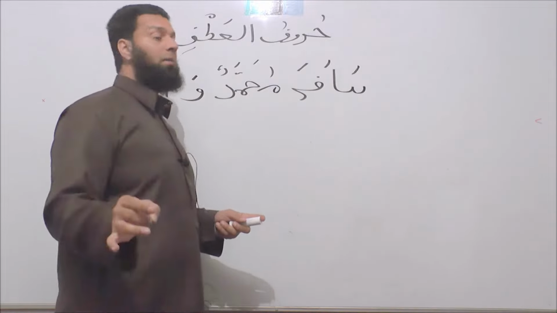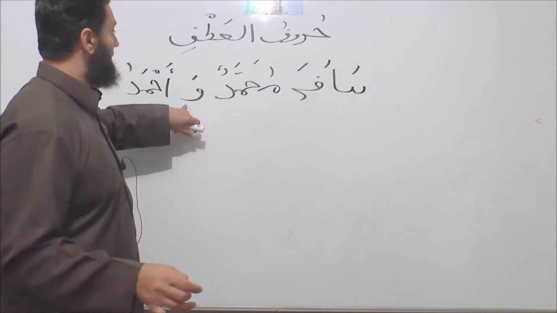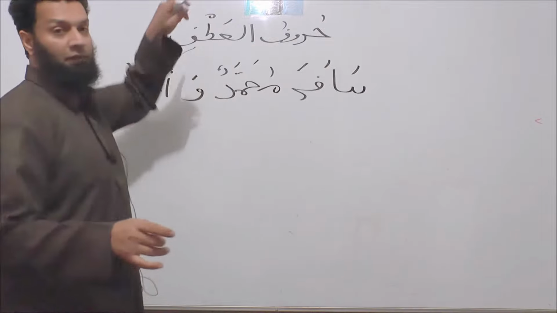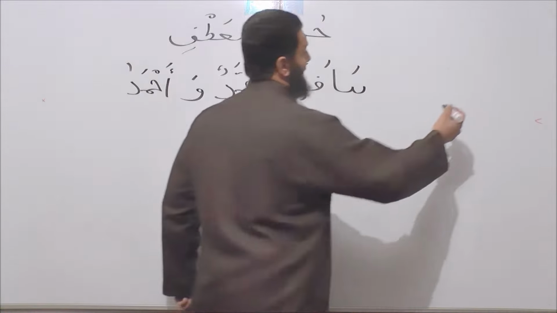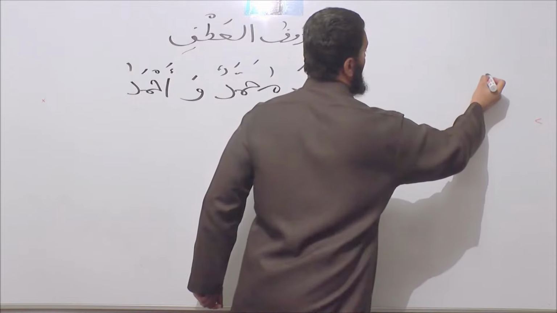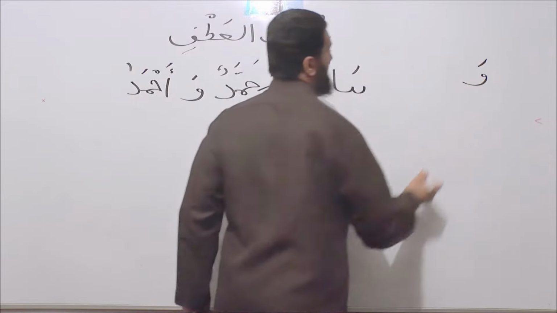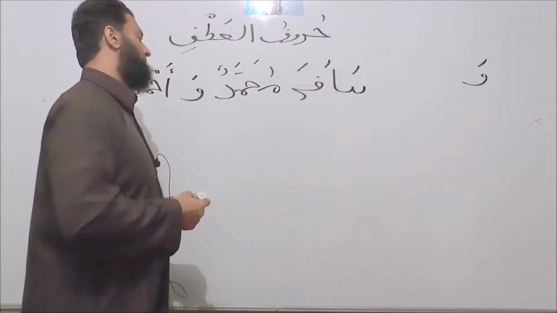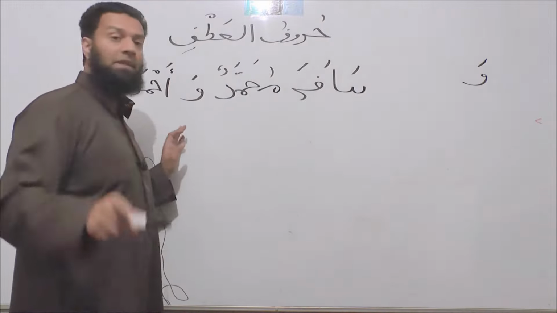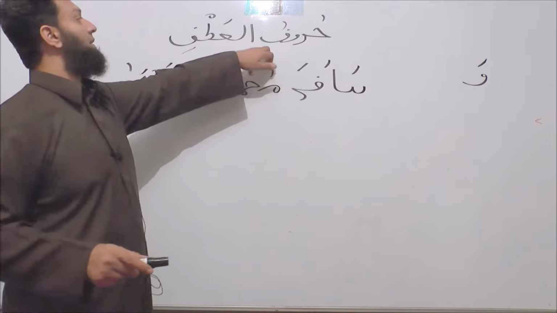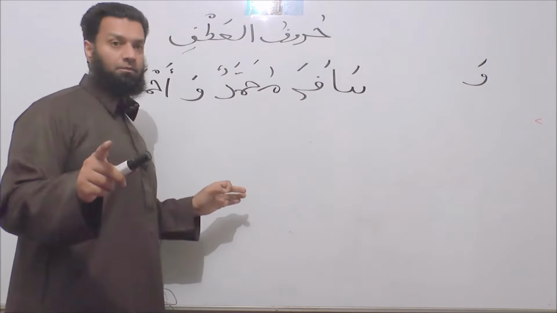Now, the purpose of this waw, which is from huruf al-atfi, right? So the first type of huruf al-atfi is the waw. There's a number of them. So, Safara Muhammadun wa Ahmadu, the purpose of the waw is that it is min huruf al-atfi.